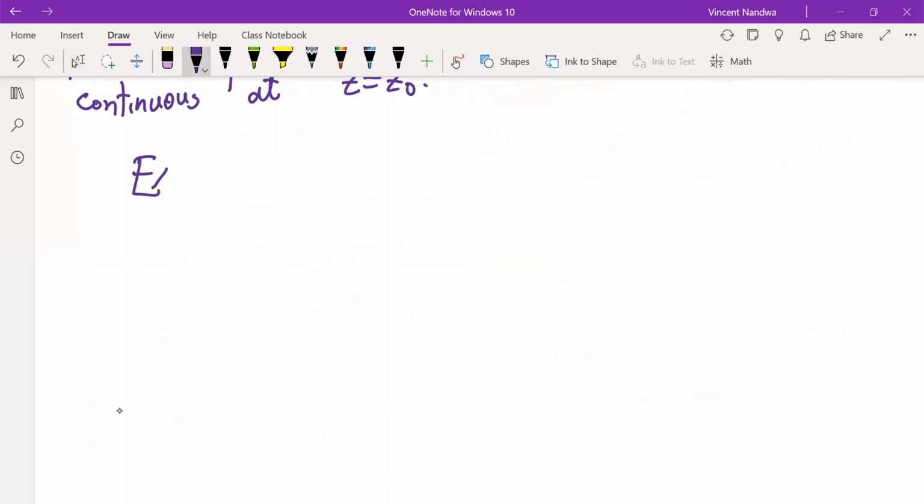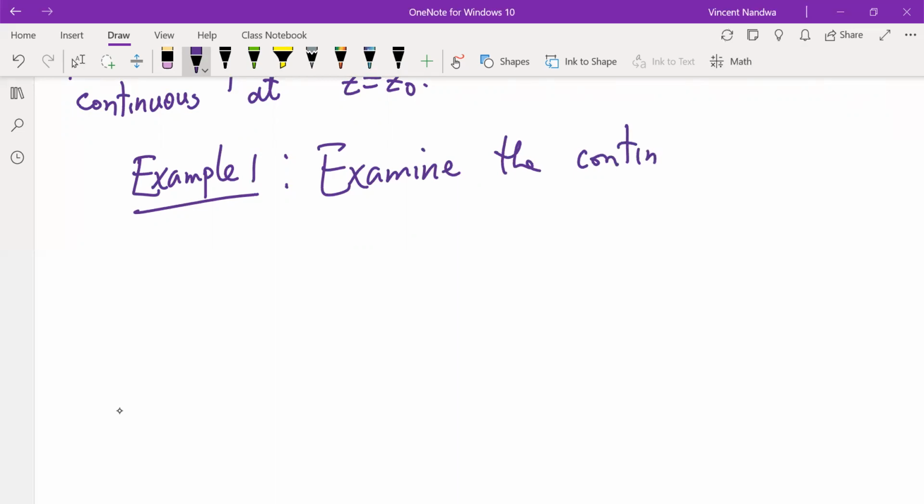Example 1: examine the continuity of the following.